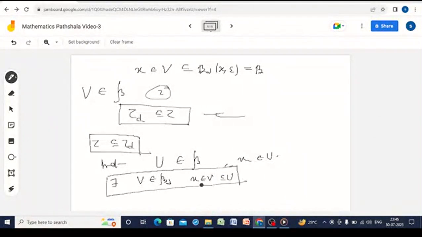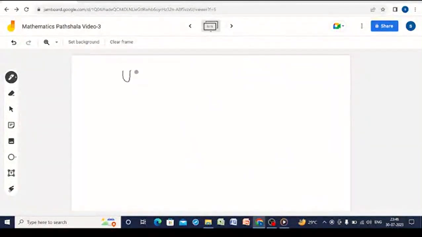So now see that we have taken U, a basic open set from the product topology, and now we have just stated that any basic open set in the product topology is of the form U equals product of ui, where ui are open for finitely many indices.